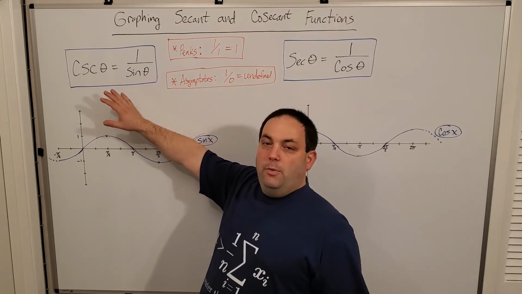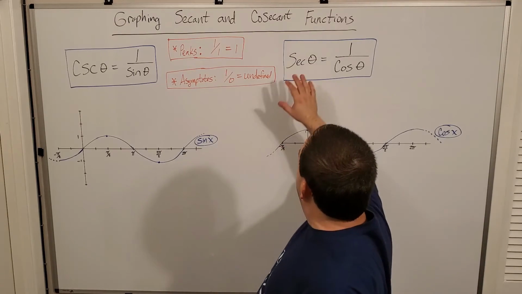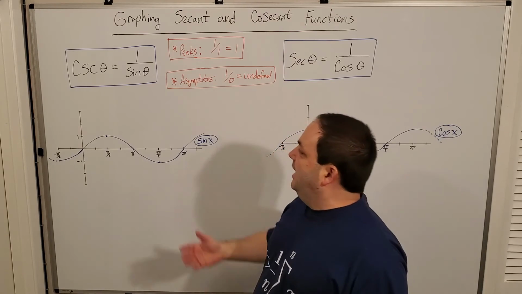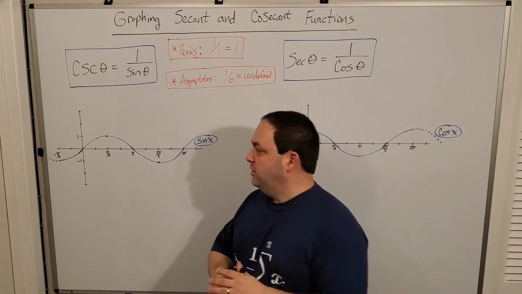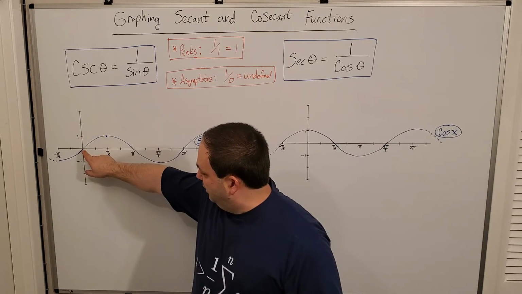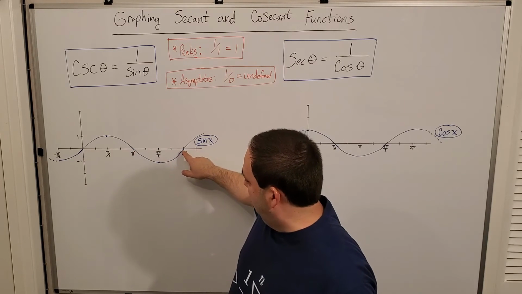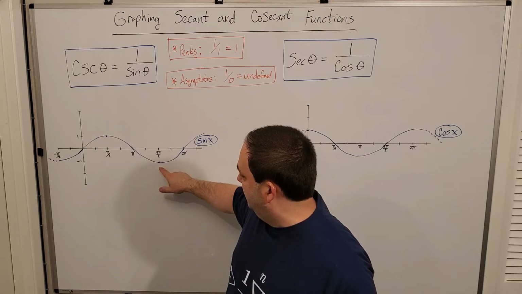The first thing you need to remember is that cosecant is the reciprocal of sine and secant is the reciprocal of cosine. And the major important points, remember, were the places where it went through the center line, and the places where it had the very high peaks and the very low peaks.